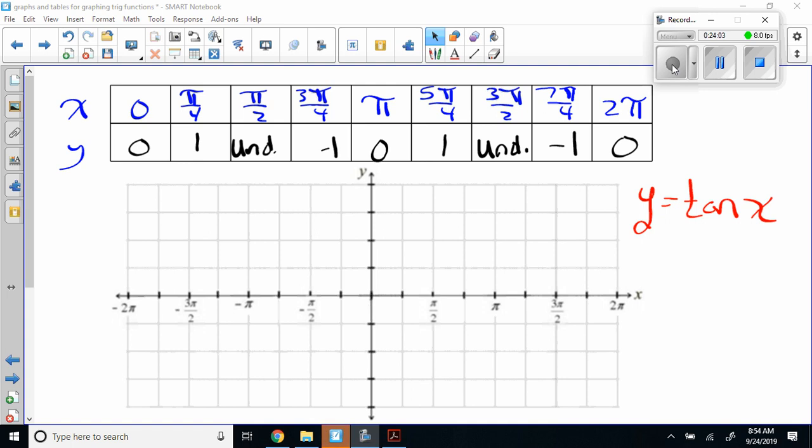Folks, we need to stop moving. Okay? What happens at places on the graph when it's undefined? What do we call that? No, that's not an irrational number. What does it create? What are those spaces on graphs?